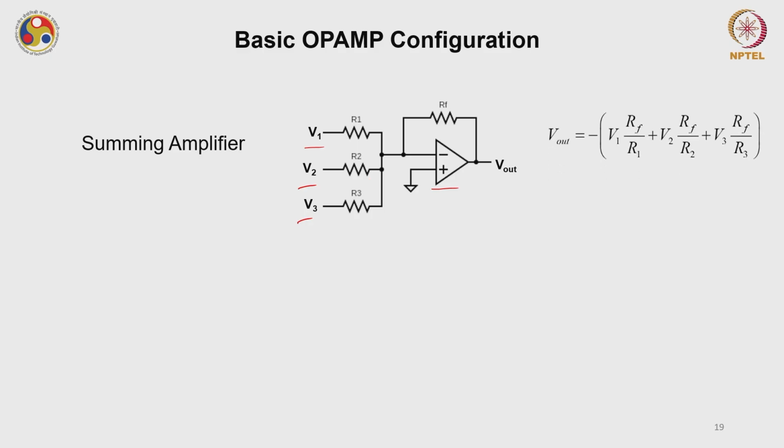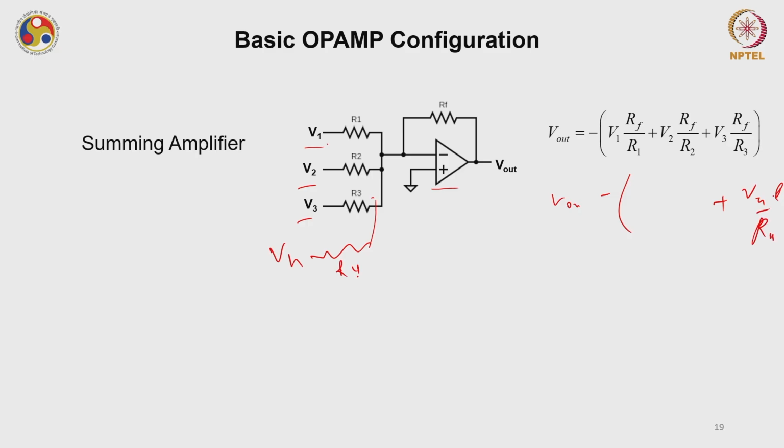If you calculate, Vout will be equal to minus V1 into RF by R1 plus V2 RF by R2 plus V3 RF by R3, and so on. If you have more resistances, say R4 and V4, you have Vout as minus this value plus V4 into RF by R4, and that is why its name is summing amplifier.